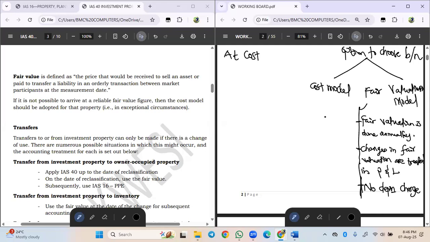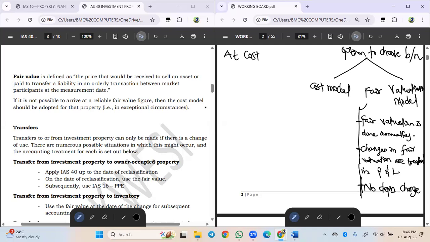The same way we determine revaluation gain and revaluation loss is the same way we determine fair valuation gain and fair valuation loss. I think I've done the explanations of the differences.